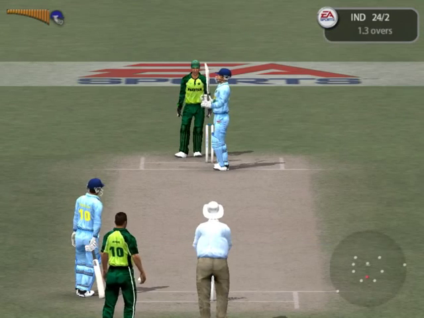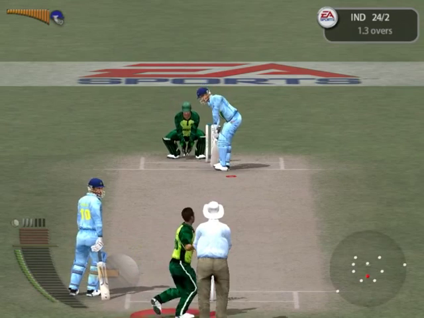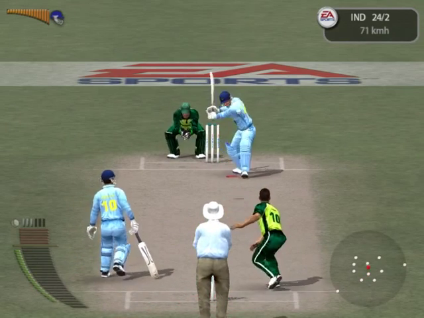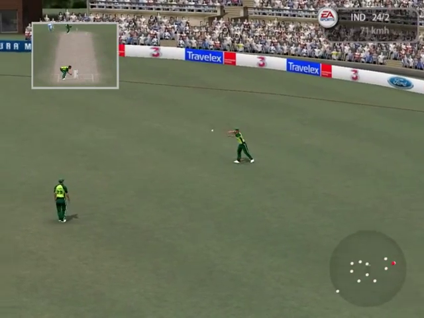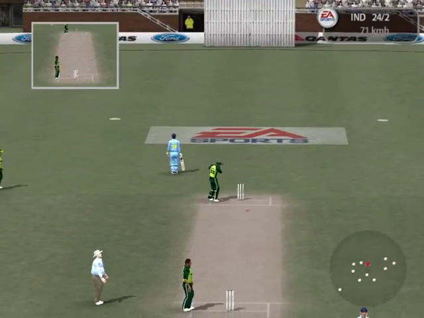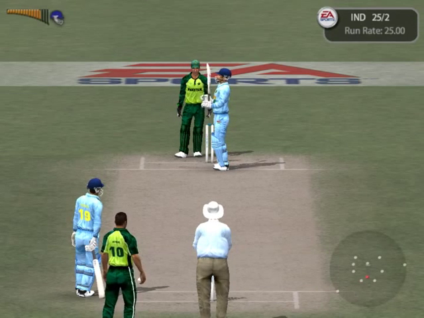Dravid waiting at the striker's end. Flicked off his legs. Shahid Afridi to bowl his wrist spin.